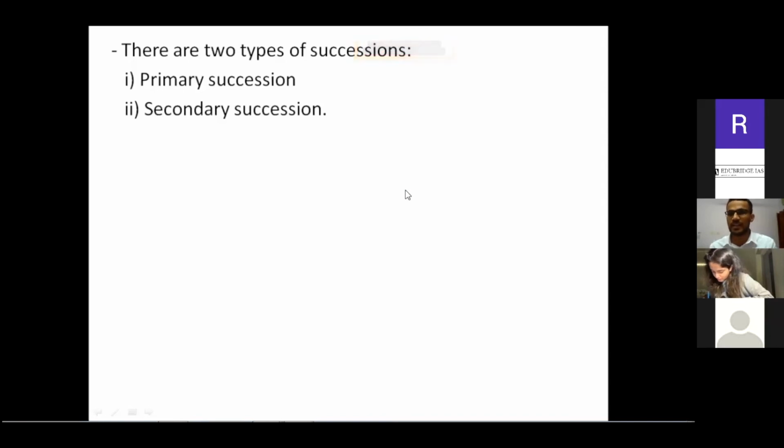But in secondary succession, life was already there on that habitat. That means conditions were more suitable, and that's why secondary succession will be faster than primary succession. Fine. So these are the two types of ecological succession.